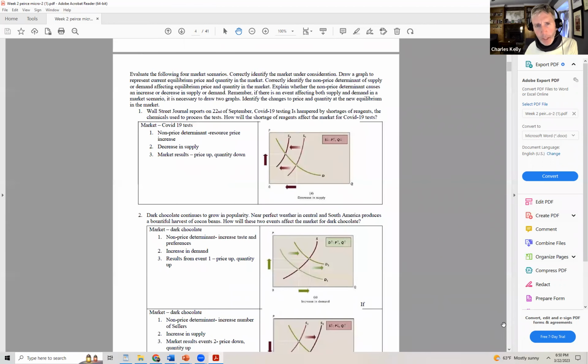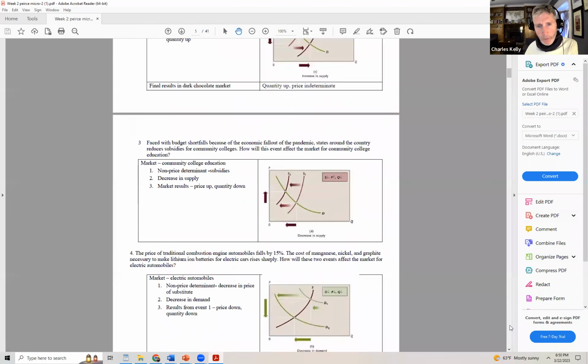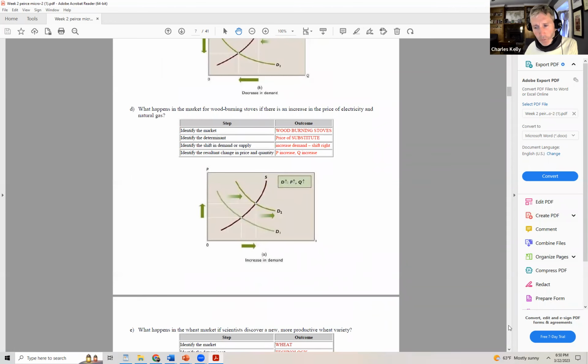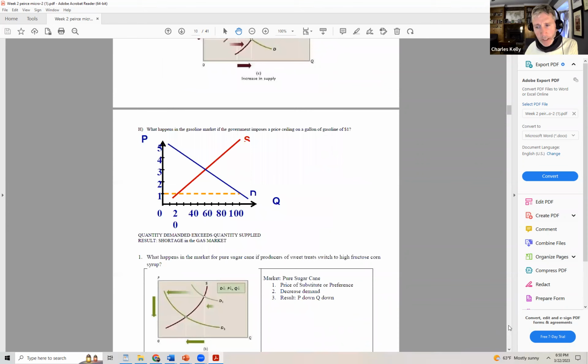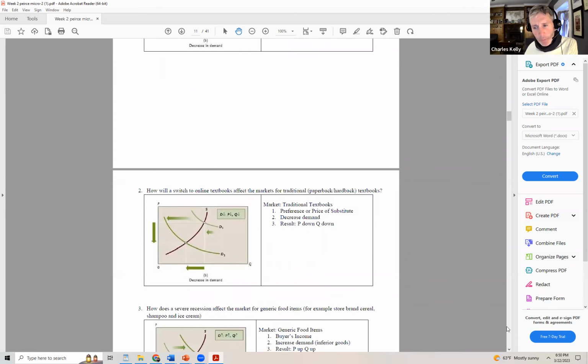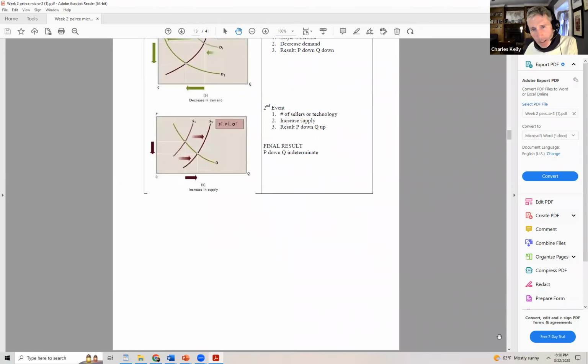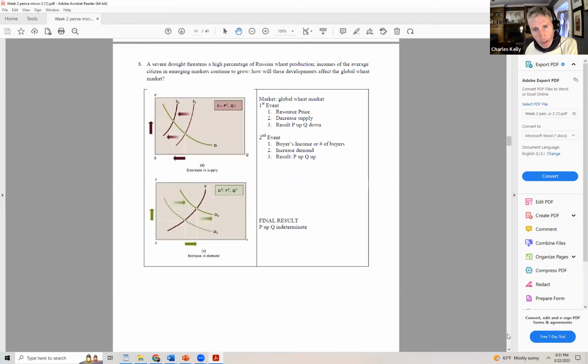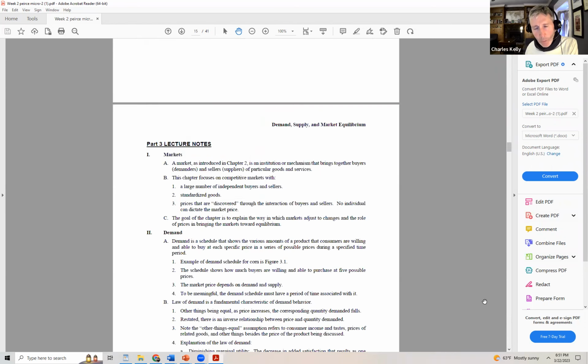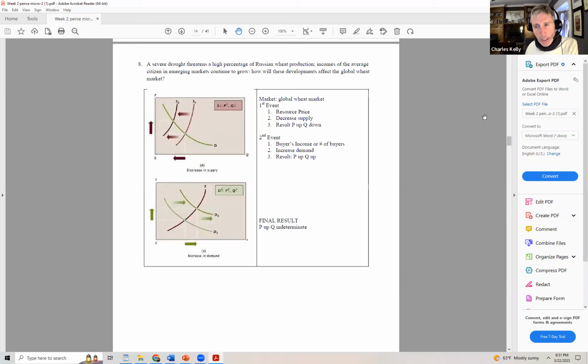Then starting on page 4, there are just about 10, 12, 14 examples of market scenarios that are exactly like the market scenarios that students are asked to analyze on quiz 2. So when you're preparing for the quiz, make sure you review pages, was that 4 through 14? So you've got 10 pages of example problems with answers.